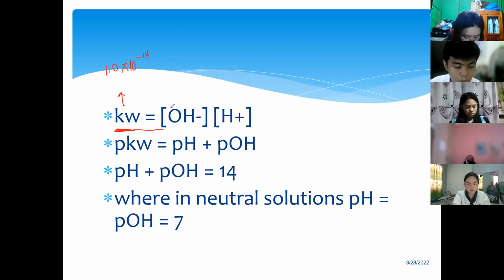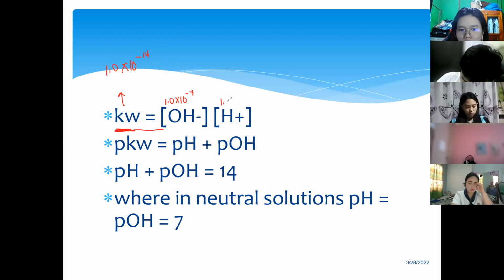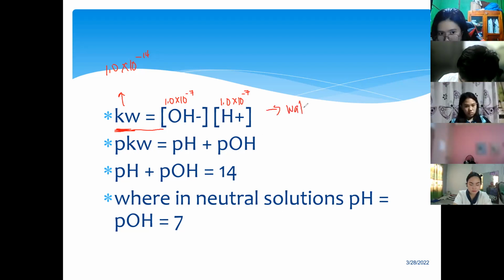And if you have a neutral solution, this one is equivalent to 1.0 times 10 raised to the power of negative 7, and this one is also 1.0 times 10 raised to the power of negative 7. Diba? Ito yung unang computation natin. Ito yung assignment ninyo. Anong tawag dito? Water ion constant, the Kw.